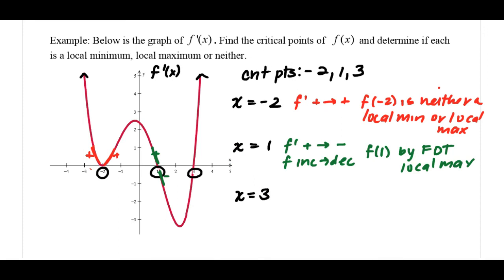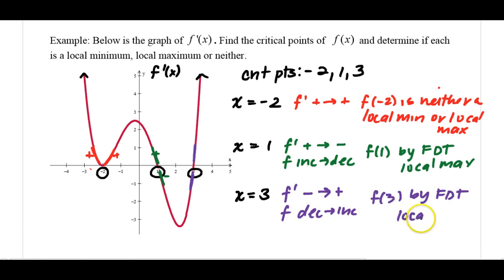And then analyzing the last critical point, 3, from left to right, I go from below the x-axis to above the x-axis, so f prime goes from negative to positive. So f goes from decreasing to increasing, so that means that f of 3, by the first derivative test, must be a local minimum.